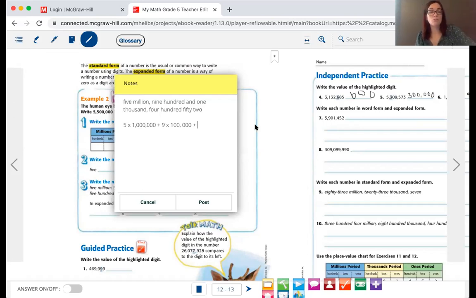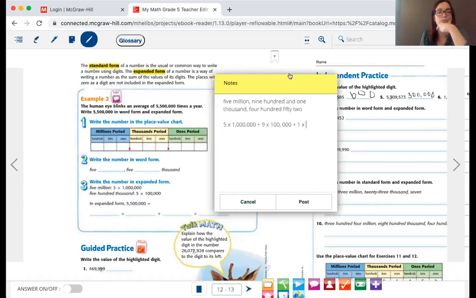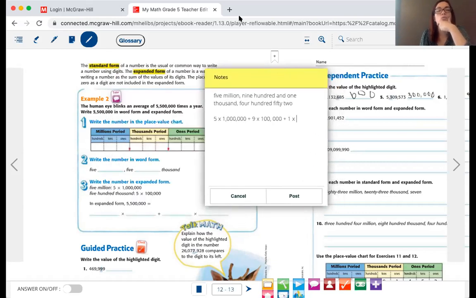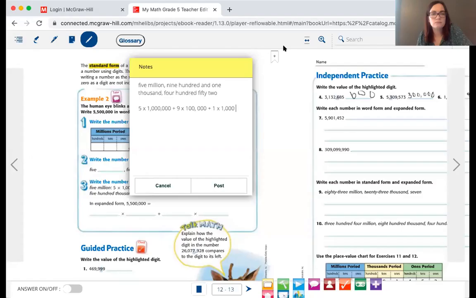I'm going to write the 1 for my expanded form, and then I'm going to do 1 times its place value. Who can tell me what place value that 1 is in? And I'll move my chart just so you can see. What place value is that 1 in? Okay, so I have 1 times 1,000.